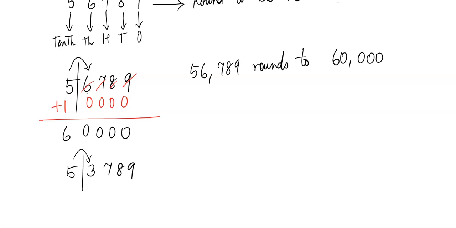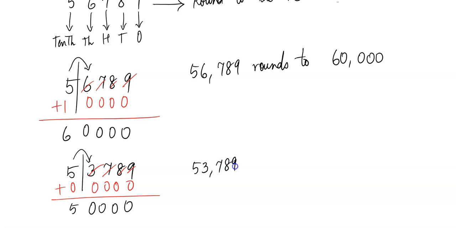Just to indicate no change, I'm going to do a plus 0. You don't have to put a plus 0, I'm just giving it to you in a mathematical format to help you remember. So that's going to be 5, 0, 0, 0, 0. So 53,789 rounds to 50,000.